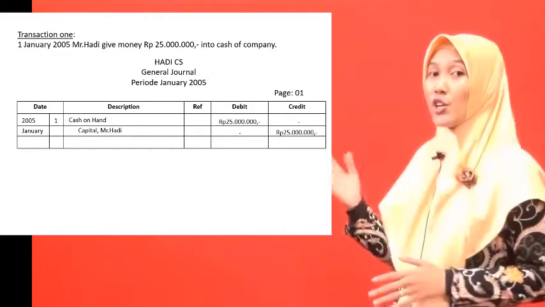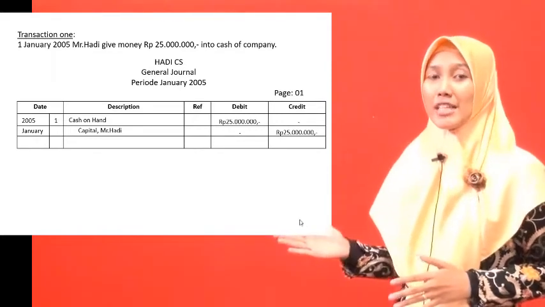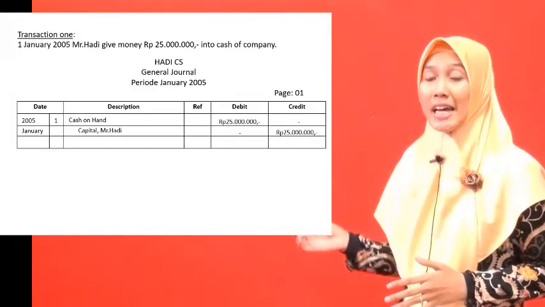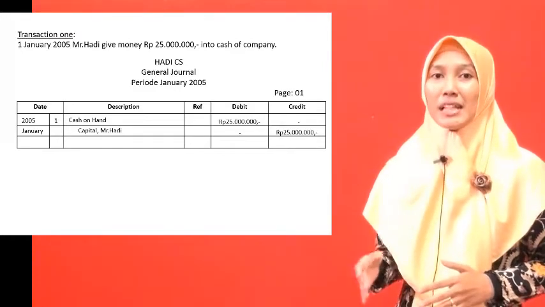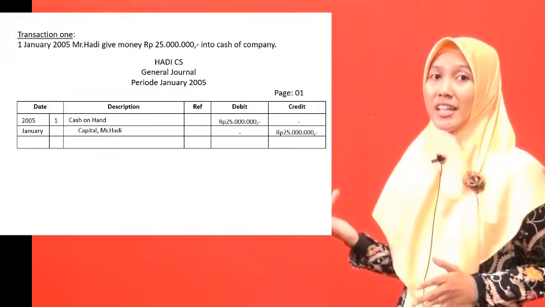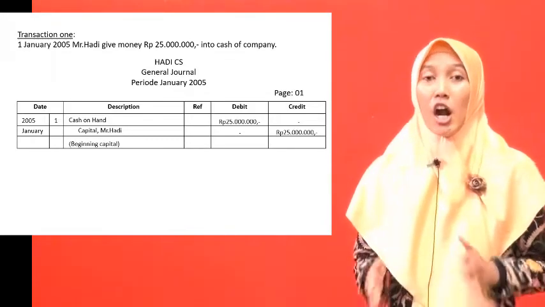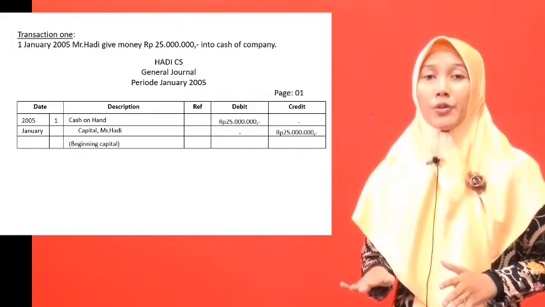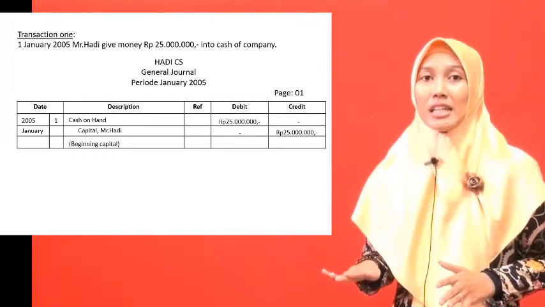So, you write here cash on hand 25 million rupiah in debit and capital Mr. Hadi 25 million rupiah in credit. And then write a short description below the account in credit in the description column.